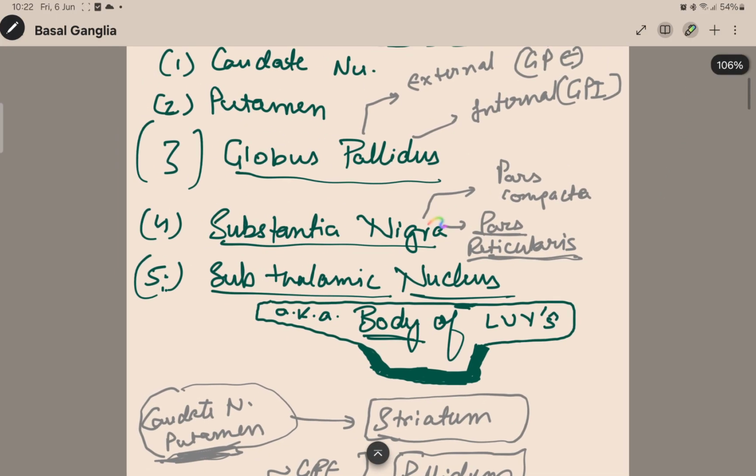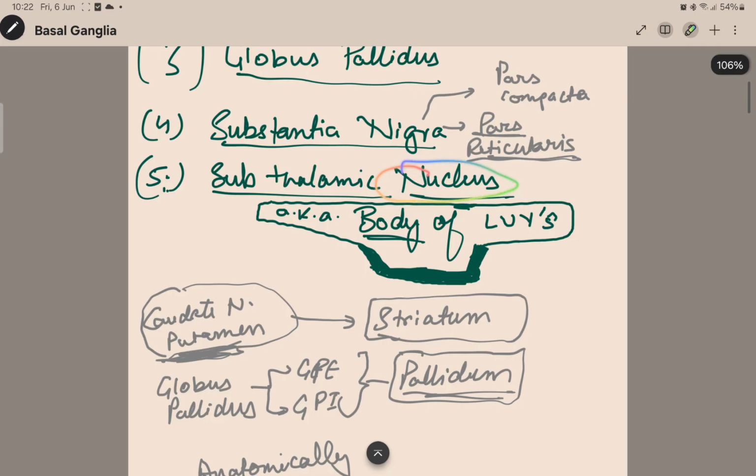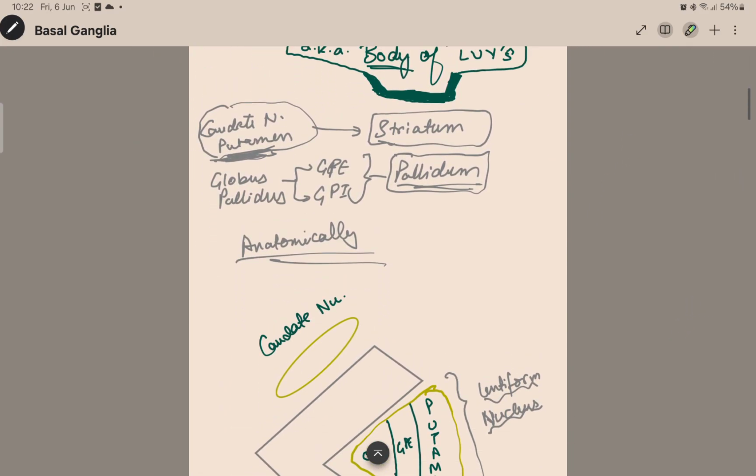In substantia nigra, pars compacta and pars reticularis. Then there is a structure called striatum, which is formed of both caudate nucleus and putamen. Globus pallidus, GPE and GPI, is known as pallidum.